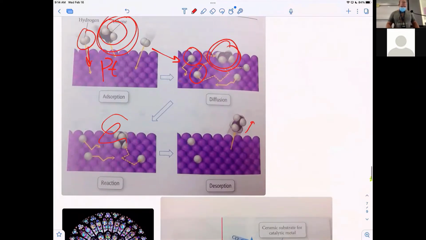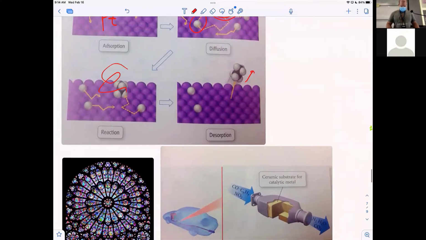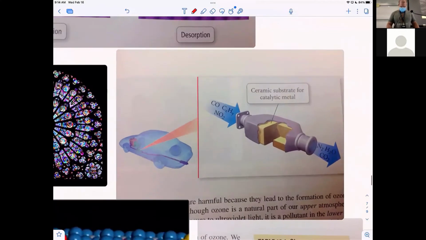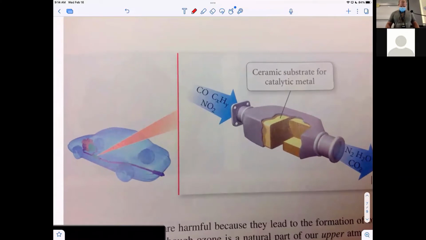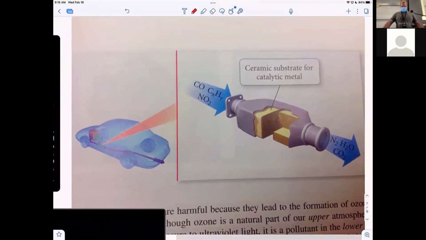Okay, so where do we use this type of catalysis? One of them is in the catalytic converter of your car. This is one of the examples of accidental nanotechnology.